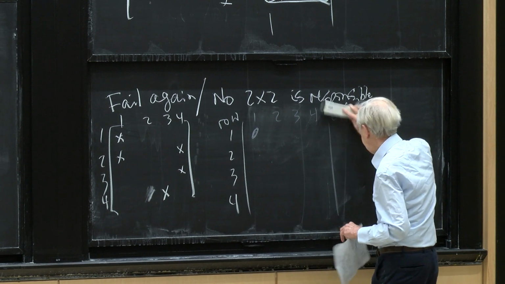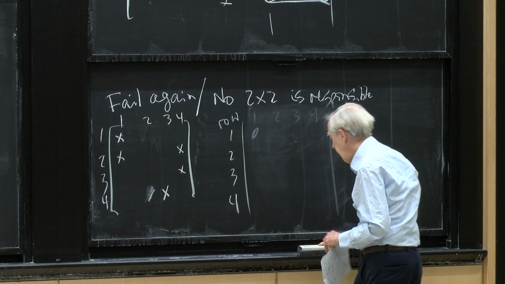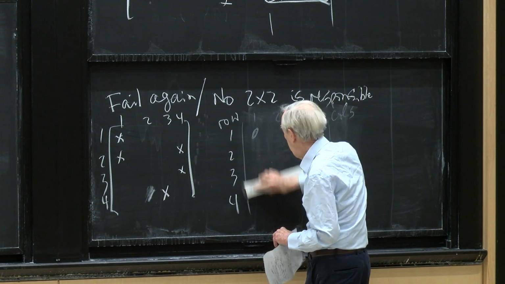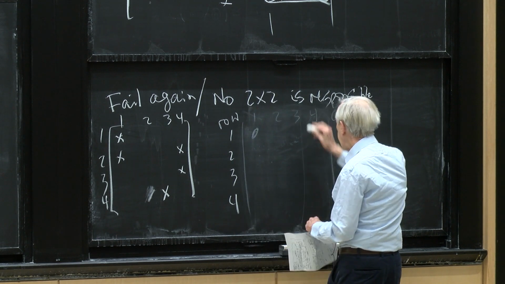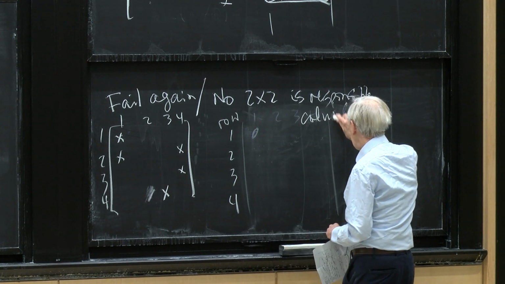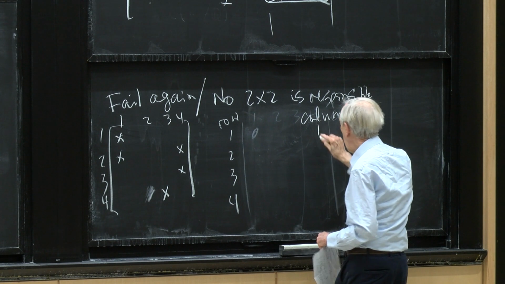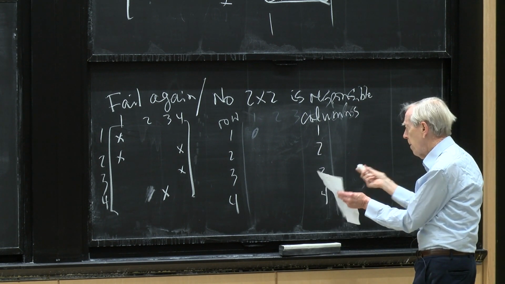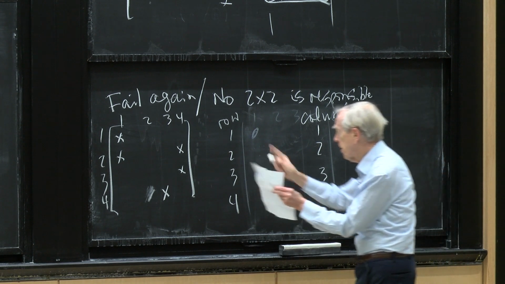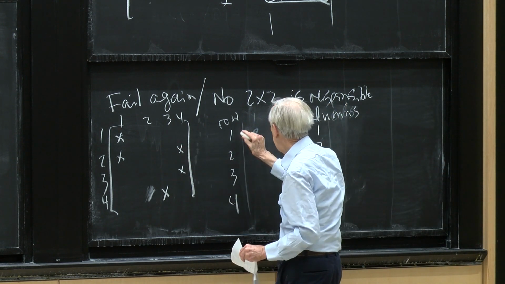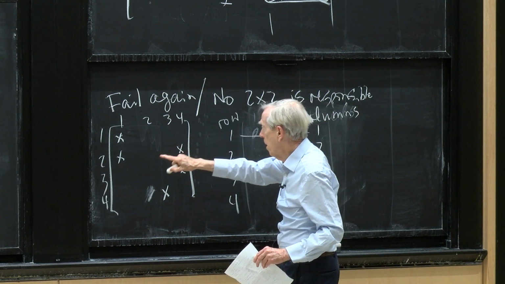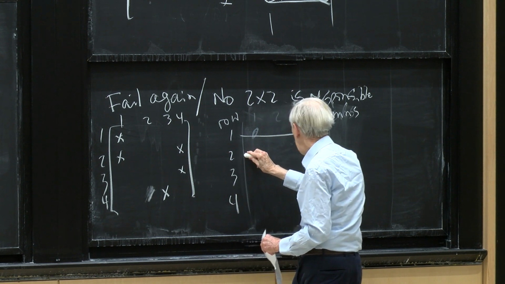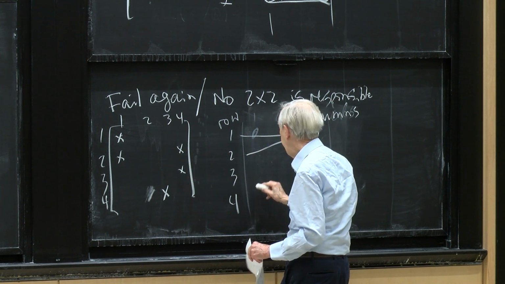My bipartite graph wasn't what it should have been. So 1, 2, 3, 4. Okay, now I'm going to do the bipartite graph picture that goes with this picture. So 1 to 1, 2 to 1, 2 to 4.